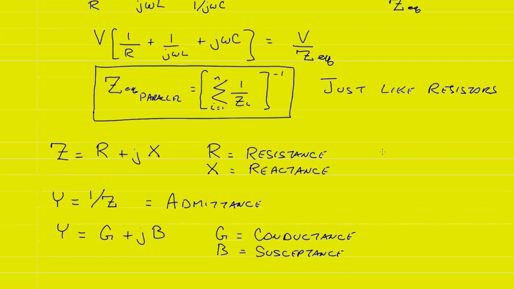The units of resistance and reactance are given in ohms, and the units of conductance and susceptance are given as Siemens, or in some cases it's the inverse of ohms, often called mhos. In general, the resistance is not equal to the inverse of the conductance, and the reactance is not equal to the inverse of the susceptance, although there are some cases where it indeed works out to be that way.